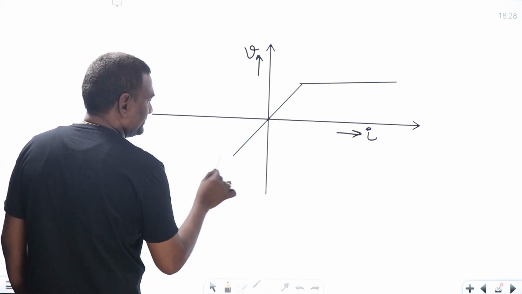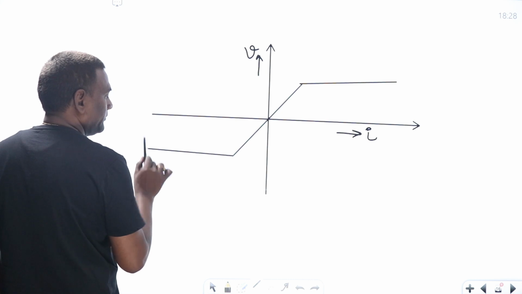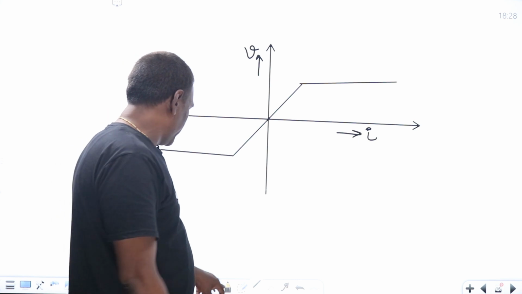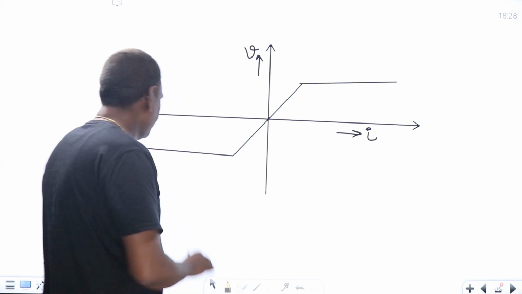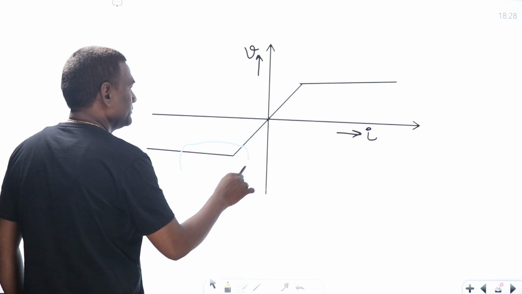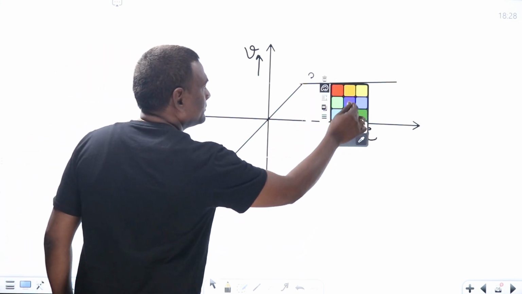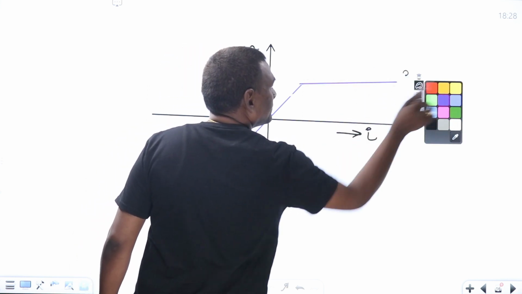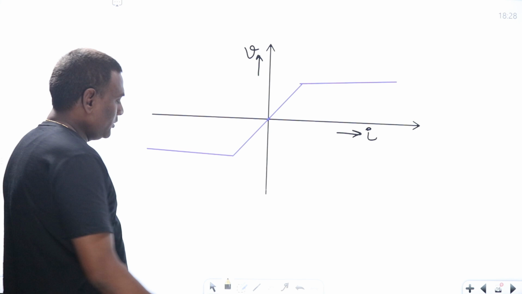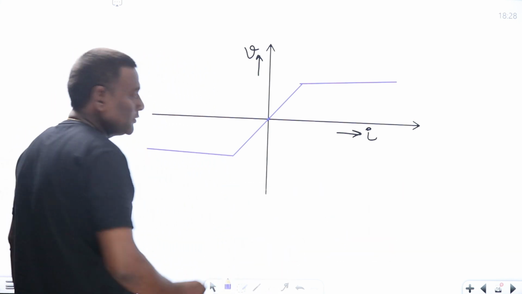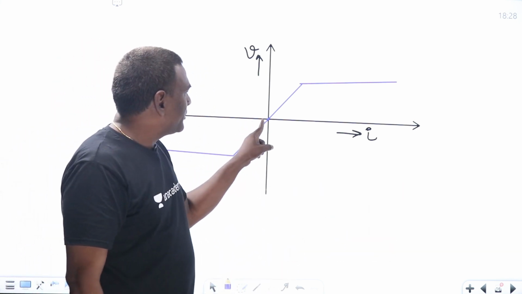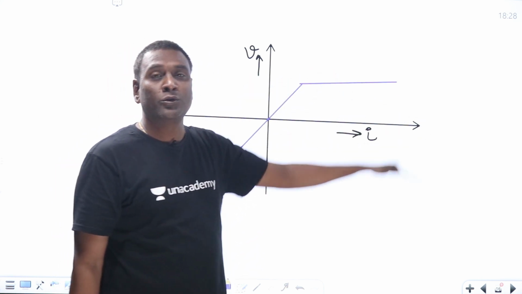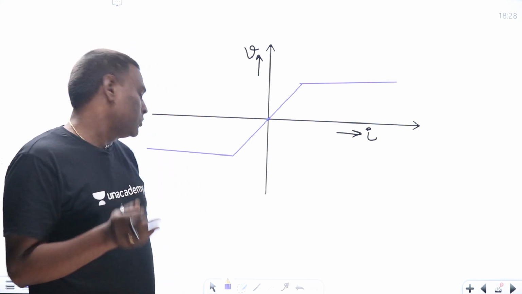Now you will get the clarity about BJTs and all. Okay. Now this characteristic also, if you see this particular characteristic, from here to here, kind of positive resistance is there, but from here to here, slope is going to be zero. The moment slope is going to zero, forget about all.